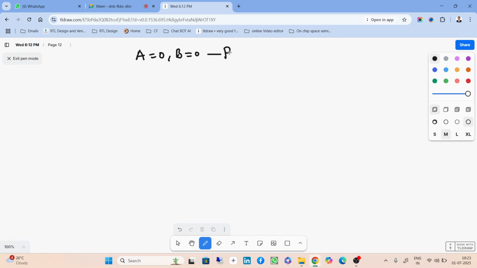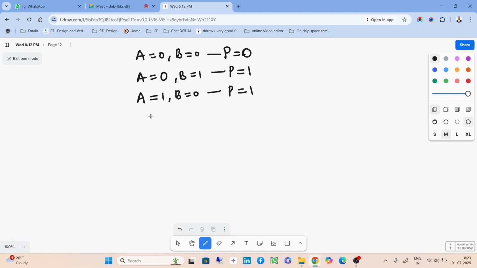What is propagate? Propagate equal to 0. A equal to 0, B equal to 1, in this case propagation equal to 1, carry is propagating. And A equal to 1 and B equal to 0, in this case also carry is propagating.